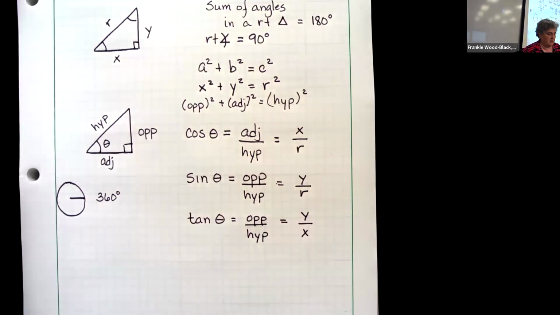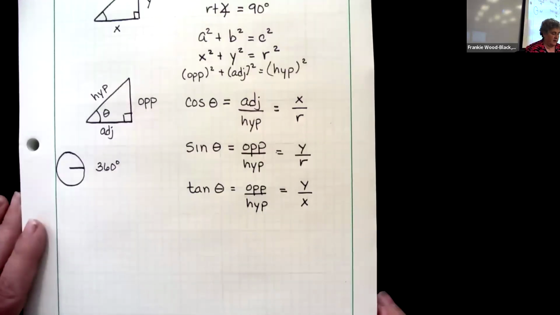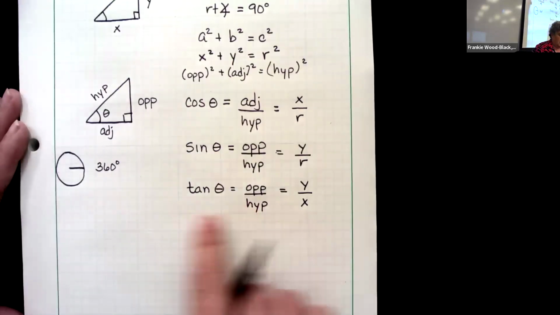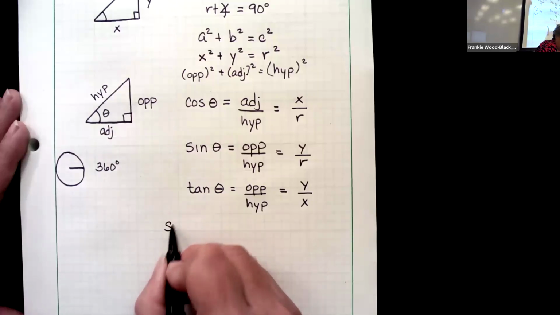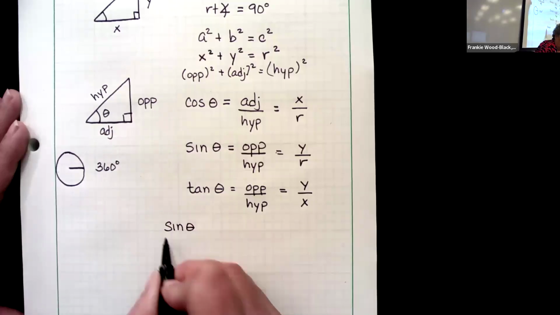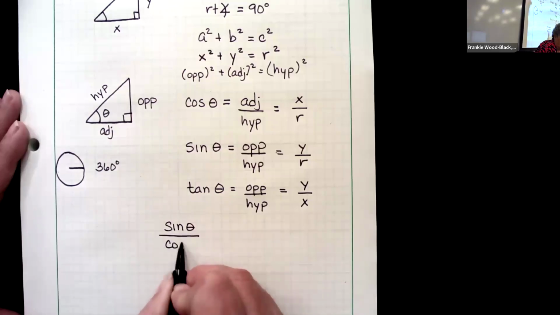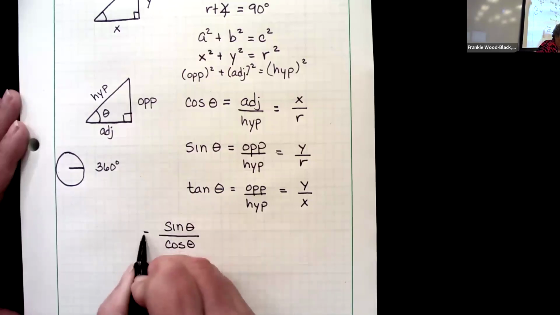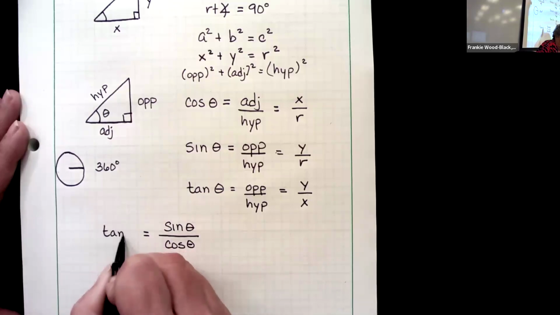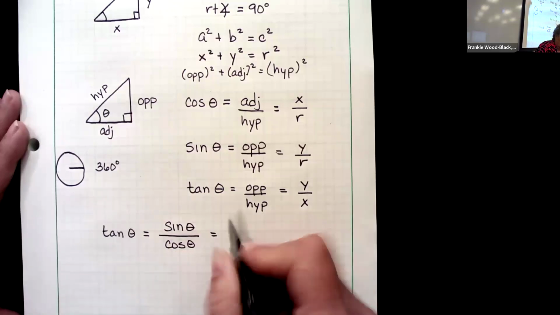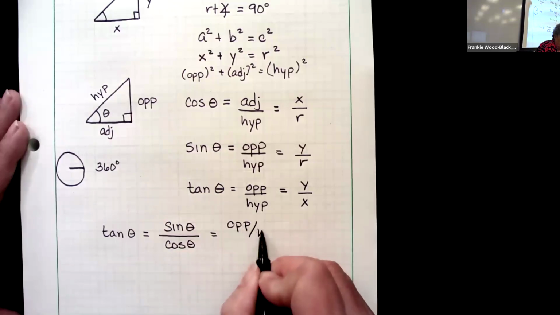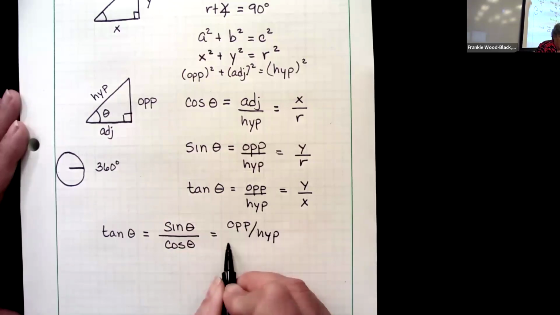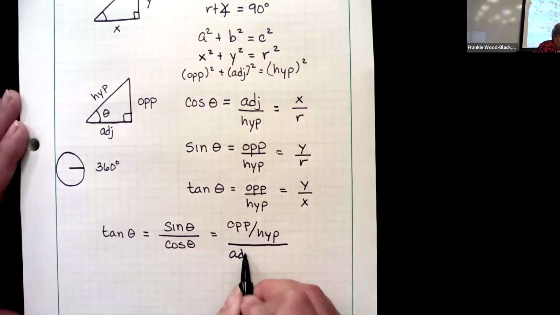And a couple of other fun things. If I do the sine of the angle divided by the cosine of the angle, that's going to equal the tangent of the angle, because this is going to be the opposite over the hypotenuse divided by the adjacent over the hypotenuse.